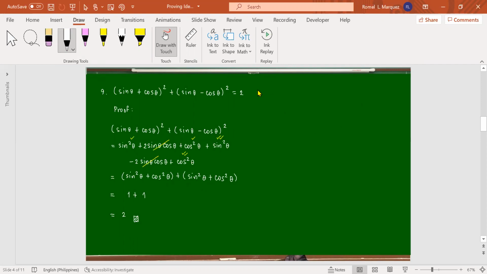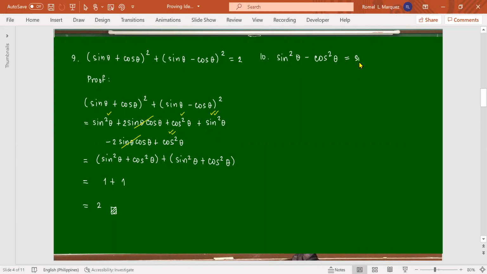Let's have number 10. So given sine squared theta minus cosine squared theta, it's sine to the fourth theta minus cosine to the fourth theta.